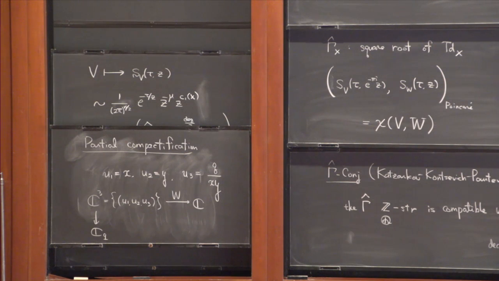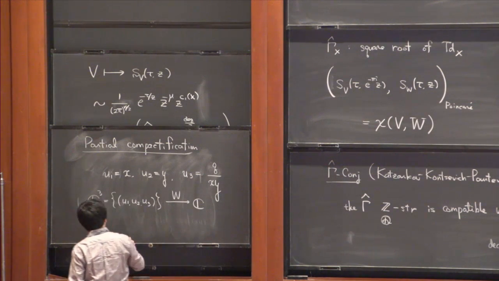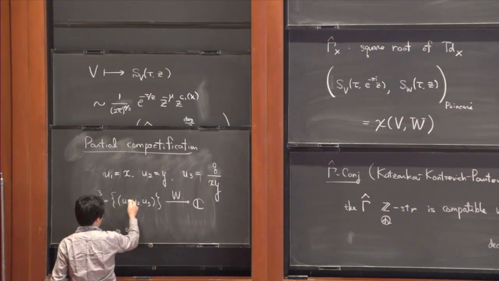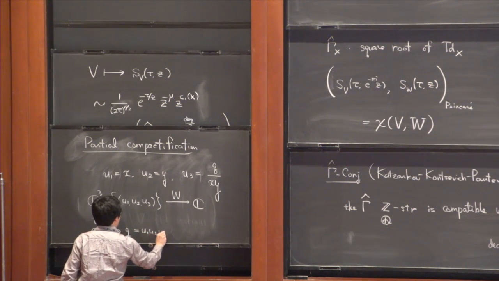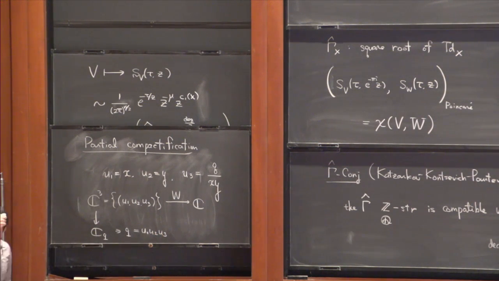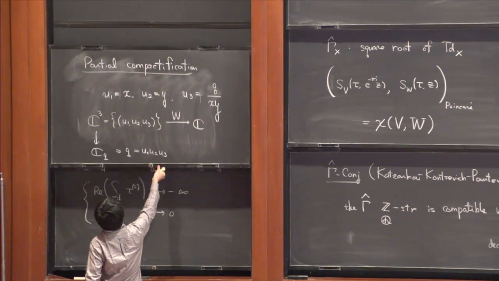This is a limit, z goes to 0. And this vertical map is just given by the product of the three variables, u1, u2, u3.